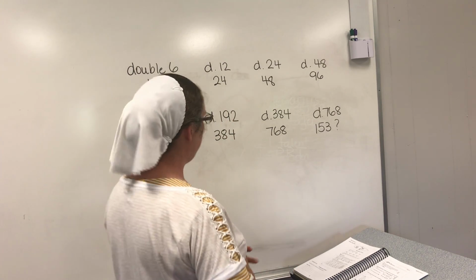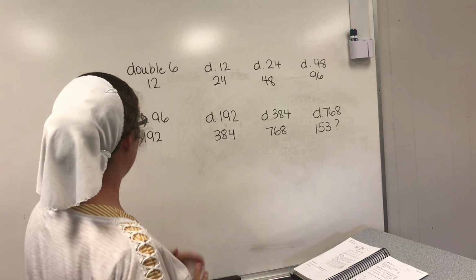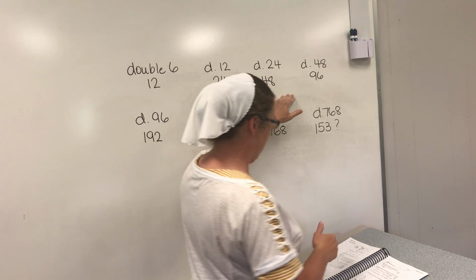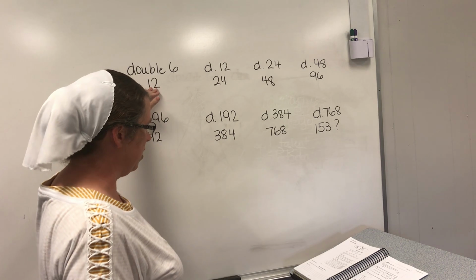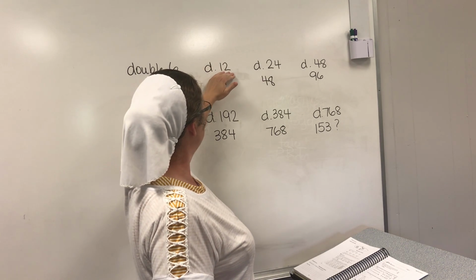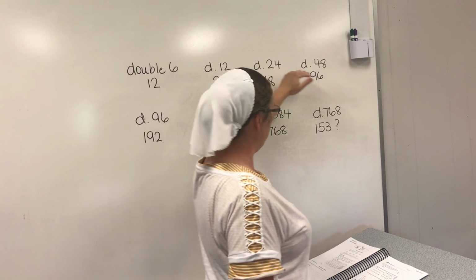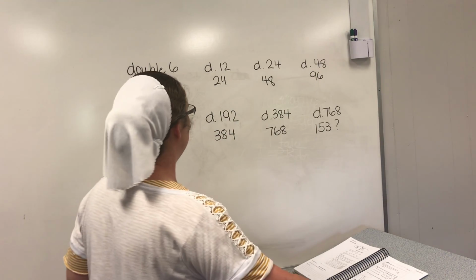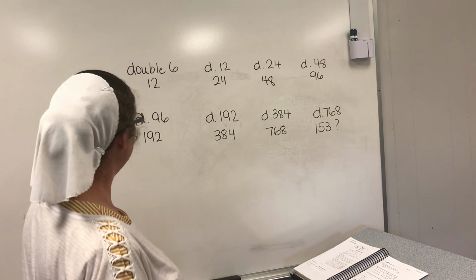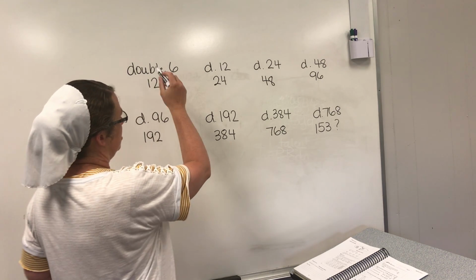All right, it says, look at the patterns formed by the following. And I wrote this up here on the board, what you see in your book right up there at the top. We have a double 6, and then we went to a double 12, a double 24, and a double 48. What they are wanting you to notice, you see a double 6 is 12.